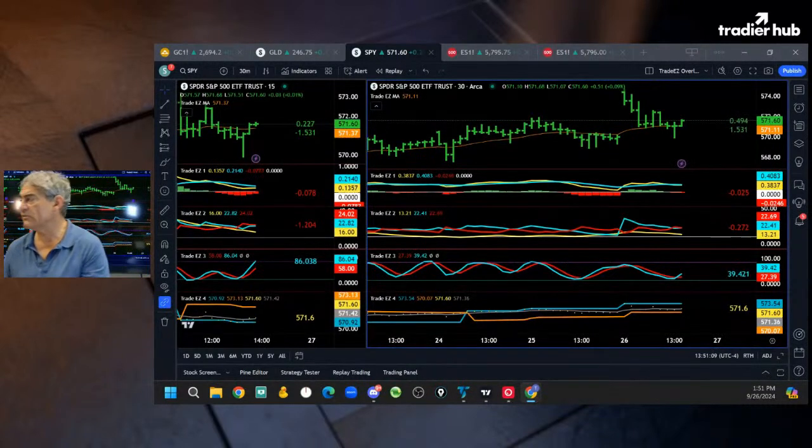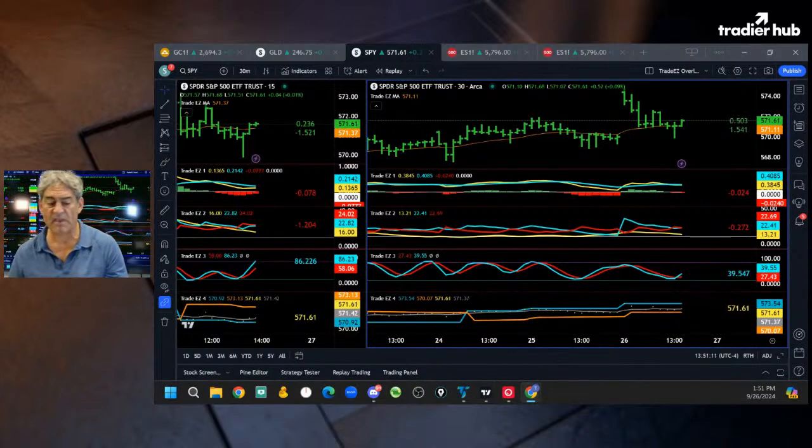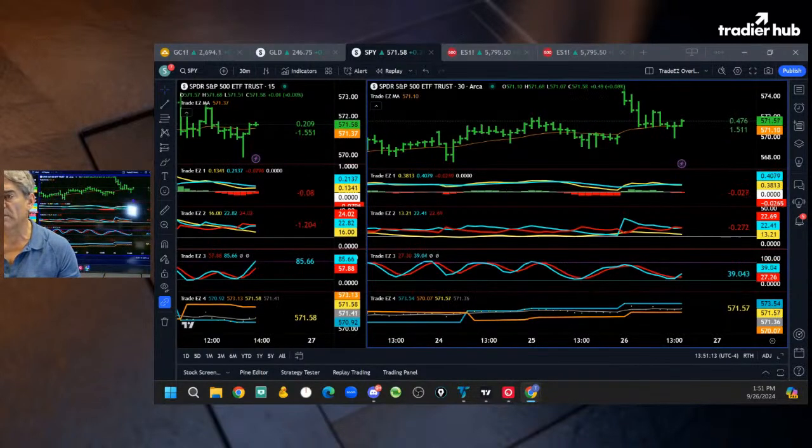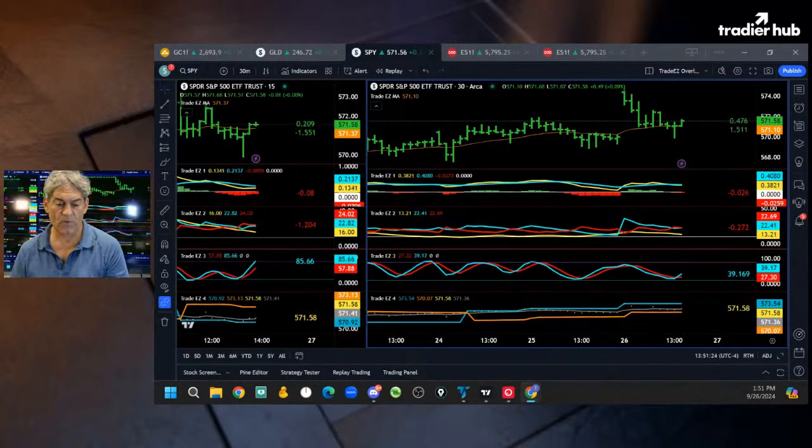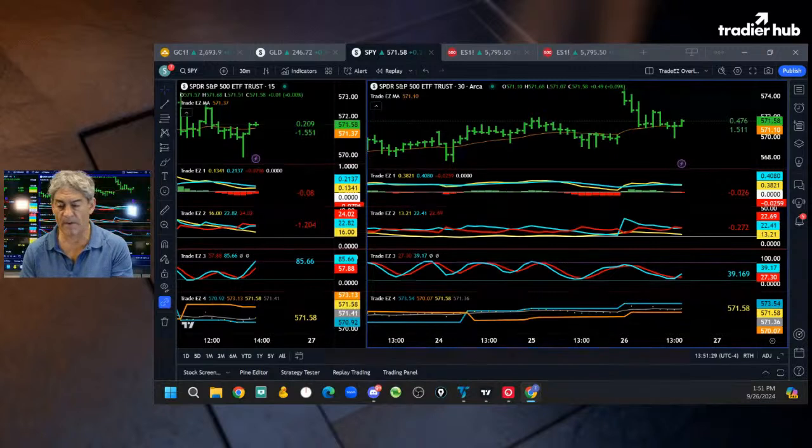When you're trading the markets, you want to have the proper technology in front of you. This is something that's available on TradingView, and people from all around the world use this. And again, I can help you in any way.